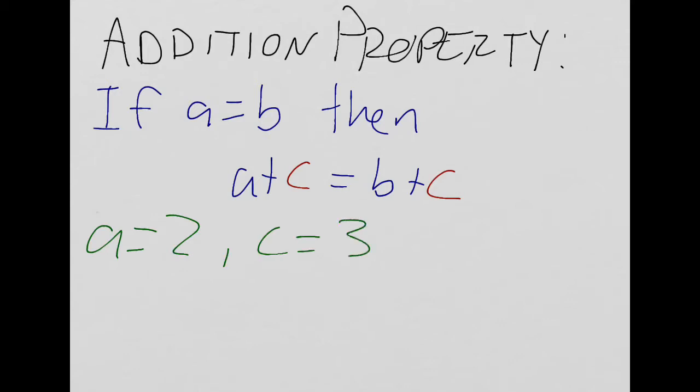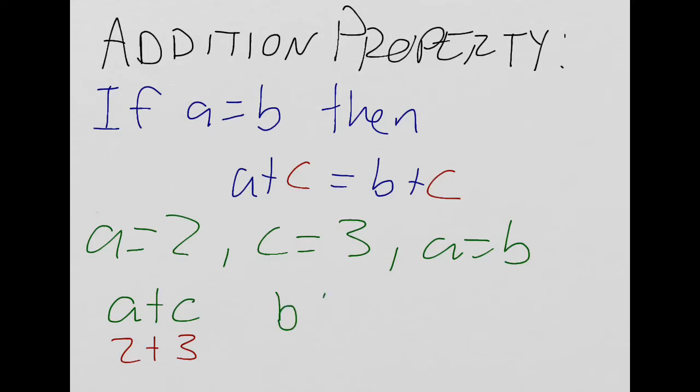C equals 3, and A equals B, if I'm given these things, then I can say A plus C is the same thing as 2 plus 3, and B plus C. C is 3, and over here A equals B, so that means B has to equal 2, so I'm looking at 2 plus 3 and 2 plus 3.